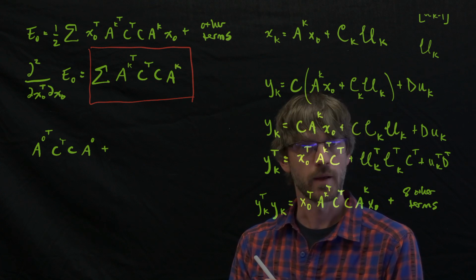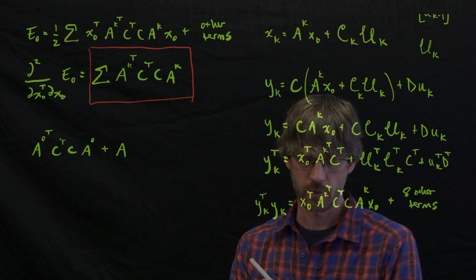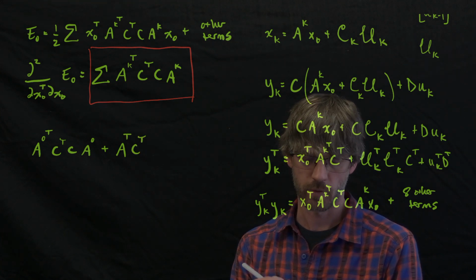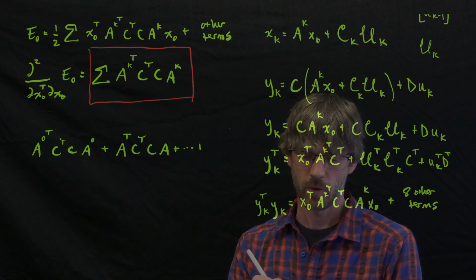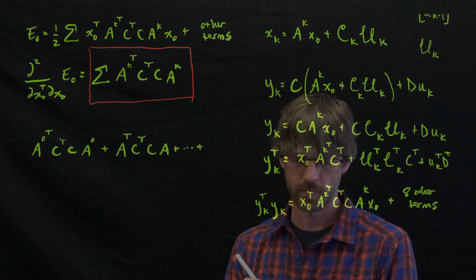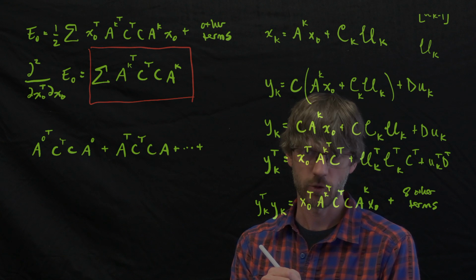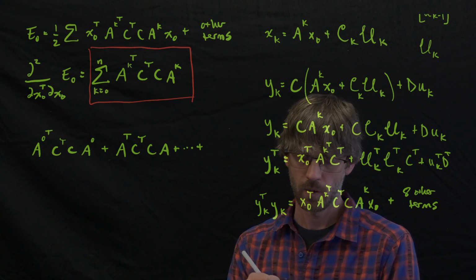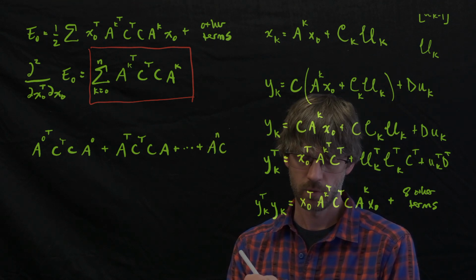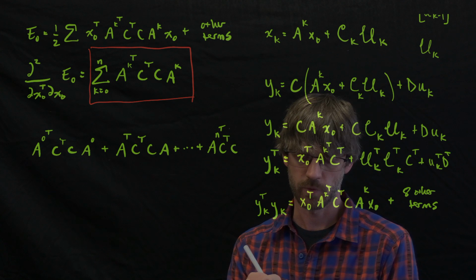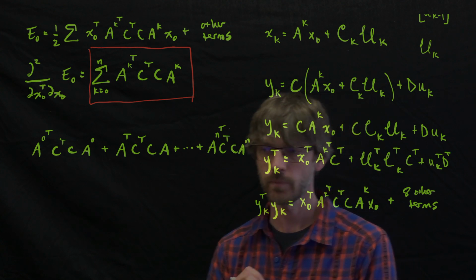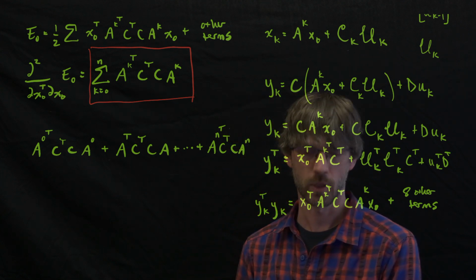Plus, then at time step 1, we'll have A to the 1 transpose C transpose C A. And onwards out to n, since that's what our sum is going from. I should have written that out, so k equals 0 to n. So that's going to go all the way out to A to the n transpose, C transpose C, A to the n. Now we can write this out a little bit more compactly.